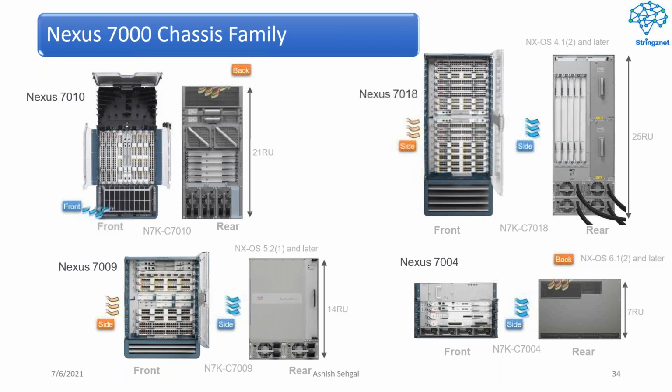Ideally, the airflow is decided by the data center where it would be placed, because the data center has front to back airflow or back to front airflow. According to that, vendors like Cisco or Juniper provide the fans.